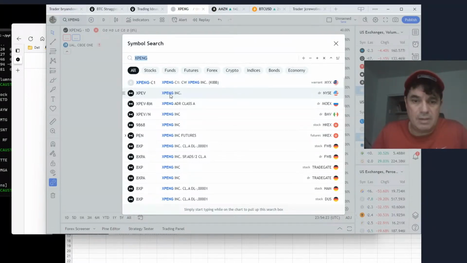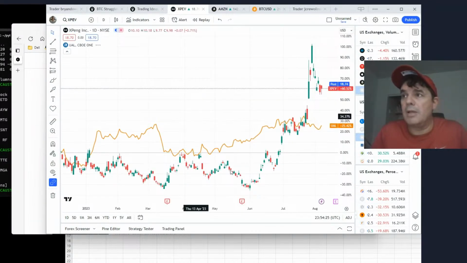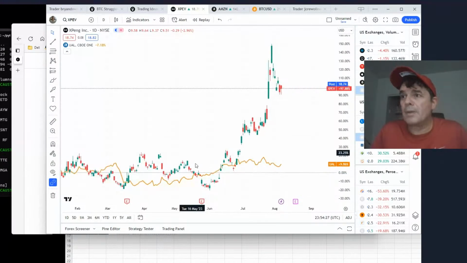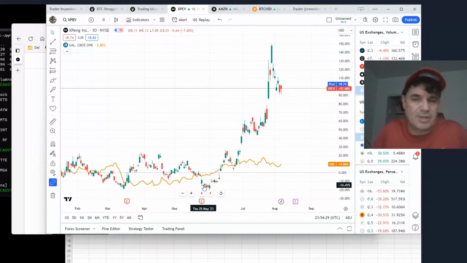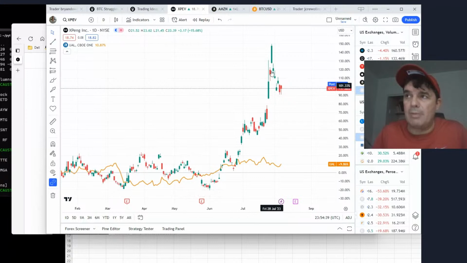Sorry, XPEV. Yes. Okay. Yeah, that looks pretty good. I'd have to do an analysis just to see the volatility score on it. As I said, if it's under 0.4, then that would be a very good stock to have. The problem is when you see these spikes and it drops back.